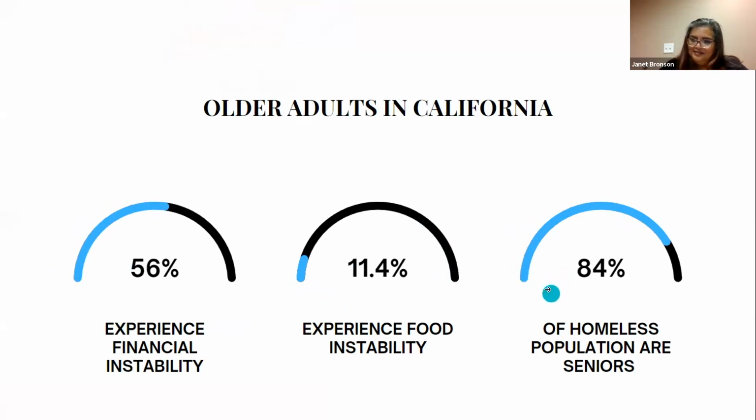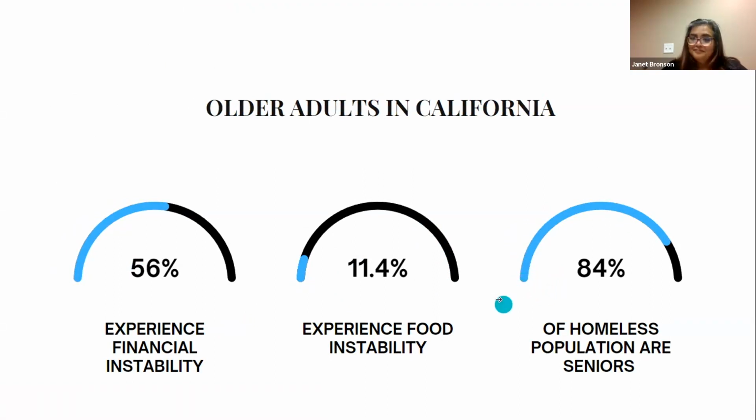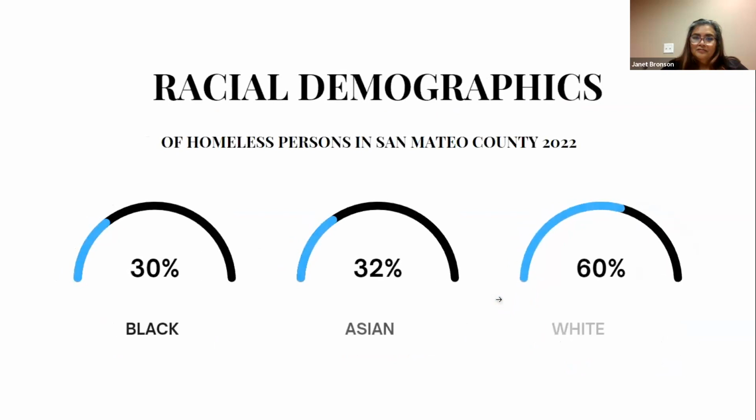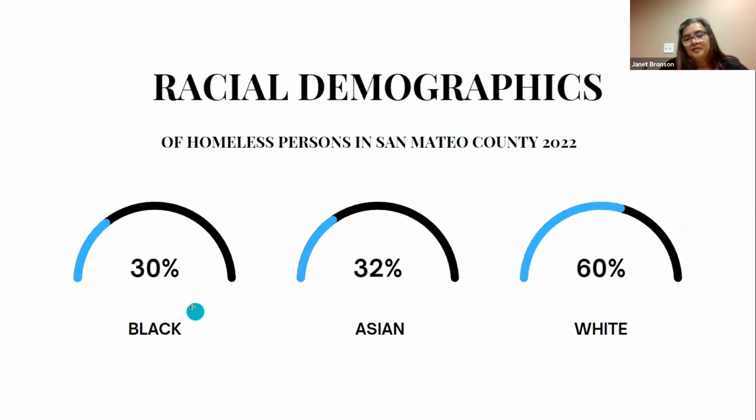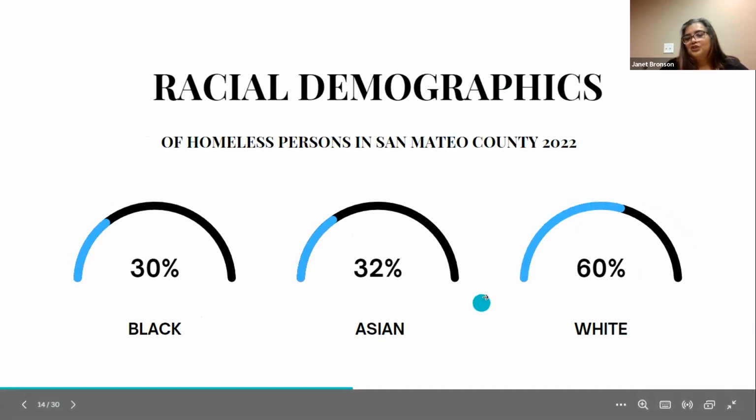And again, as Max mentioned earlier, 84% of the homeless populations are seniors. So the racial demographics of the homeless in San Mateo County is 30% Black, 32% Asian, and 60% white.